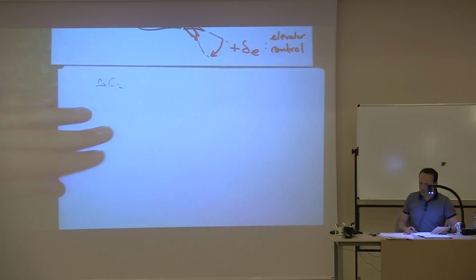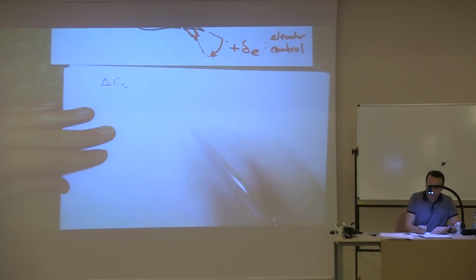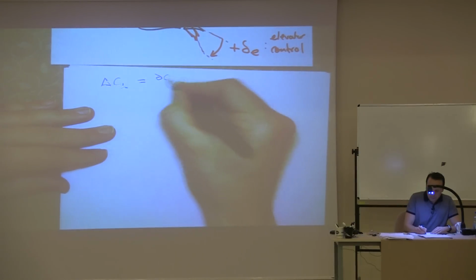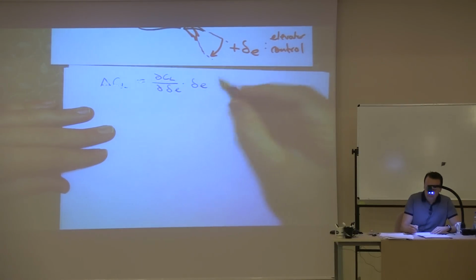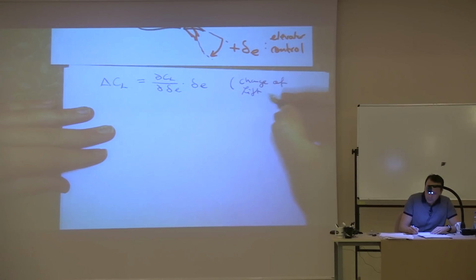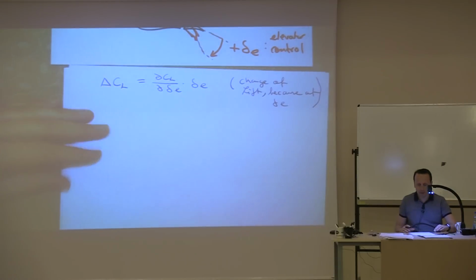So if I do that, the additional lift that I will create with a positive del E will look like this. Right? This is the change of lift because of del E. Okay?